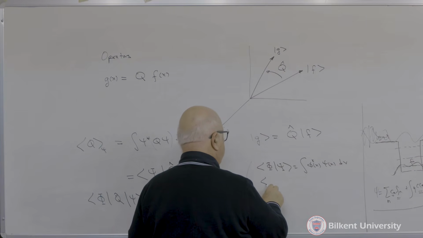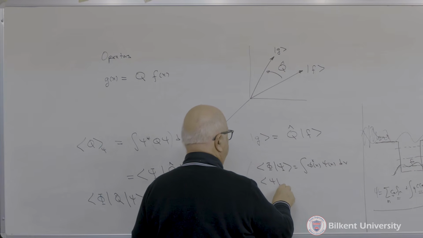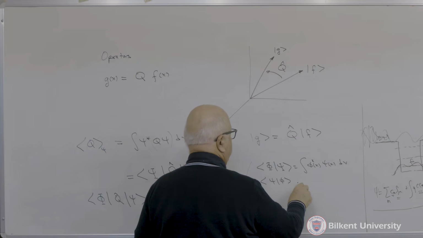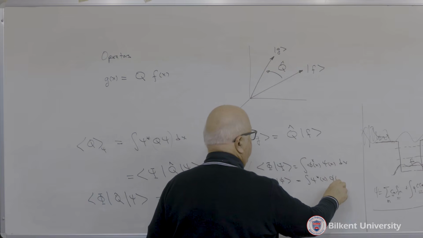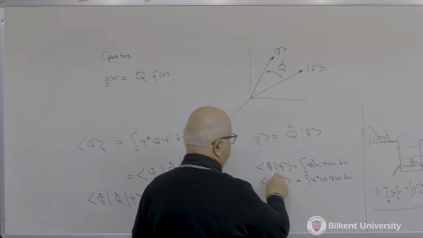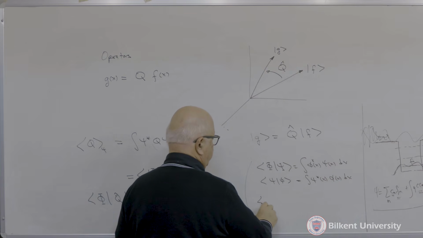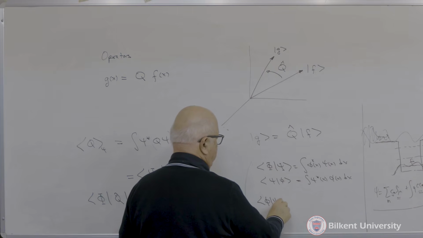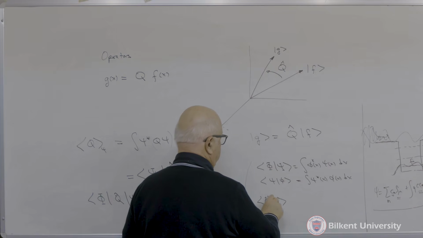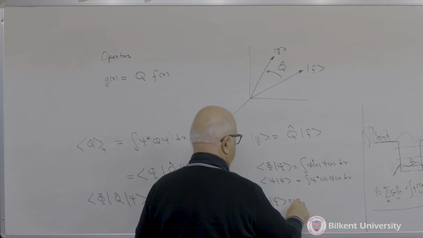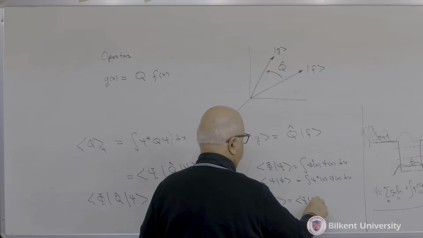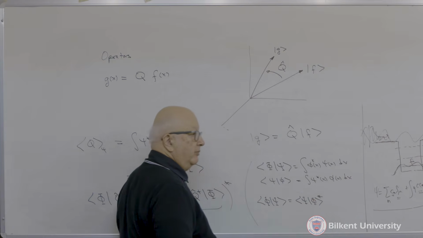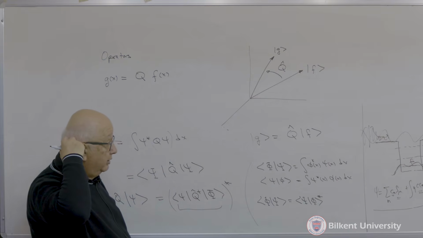If I do it the other way around, psi phi, then it's going to be psi star of x phi of x dx, which means this is the complex conjugate of the other. So phi psi is the complex conjugate of psi phi.